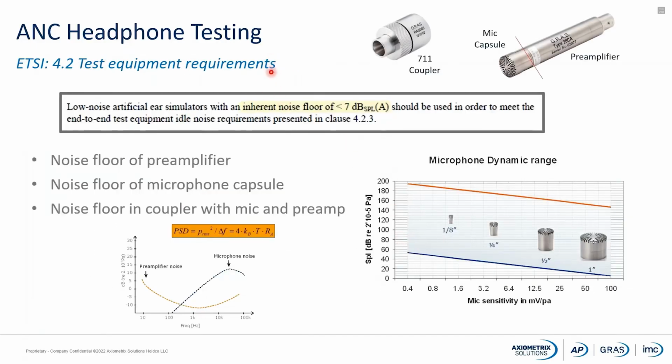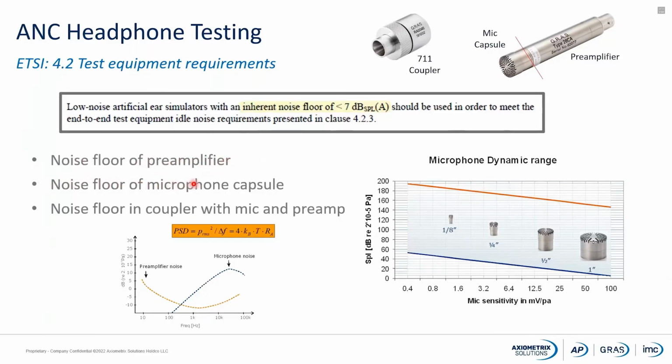Another thing that the ETSI standard is mentioning is that the noise floor of our artificial ear simulator should be less than 7 dB SPL A-weighted. Now, when it comes to specifying noise floor for measurement microphones, preamplifiers, and ear simulators, we can have the noise floor of the preamplifier alone.